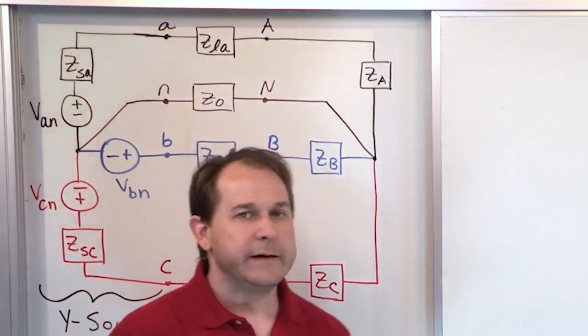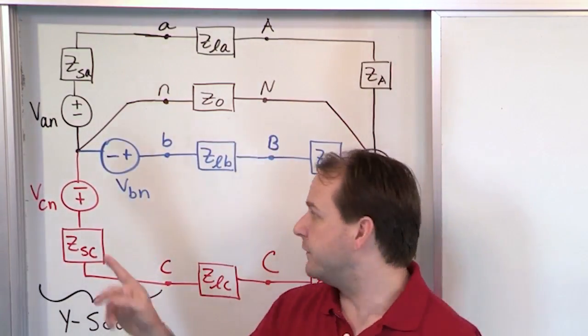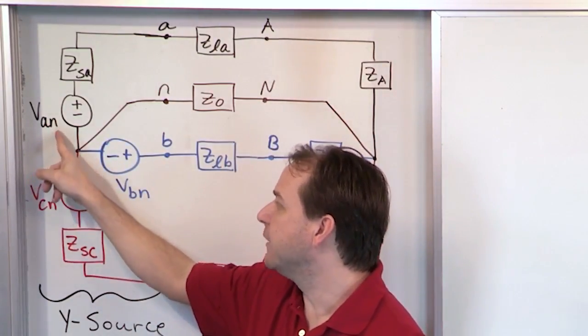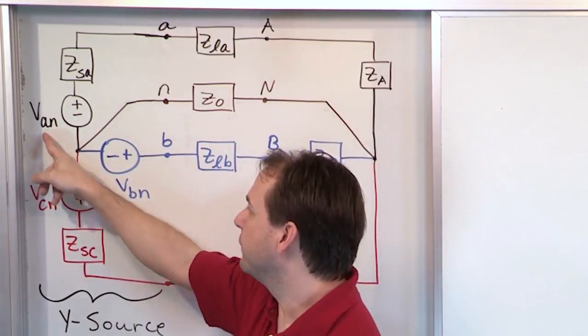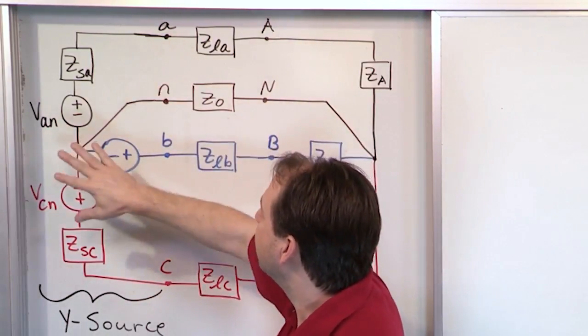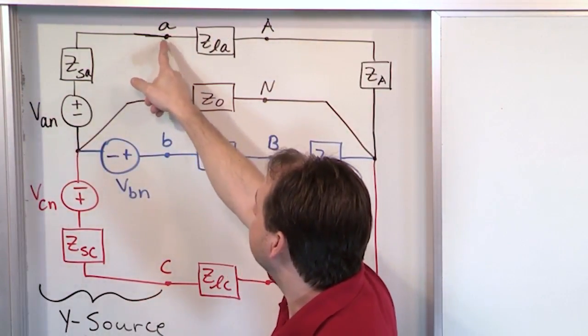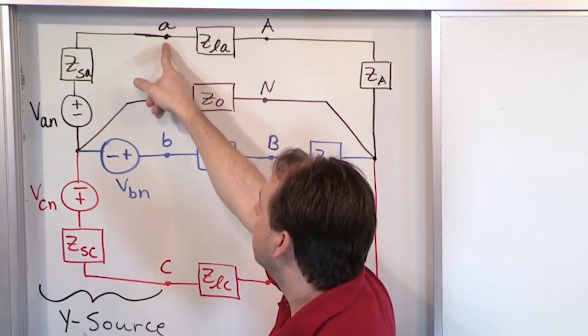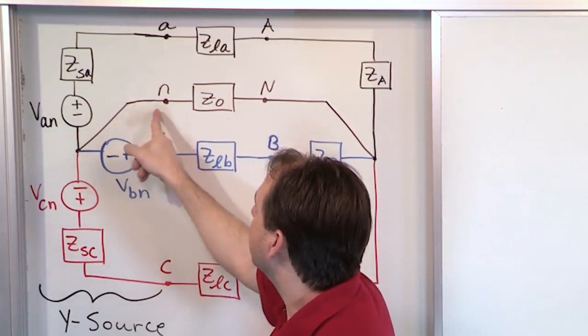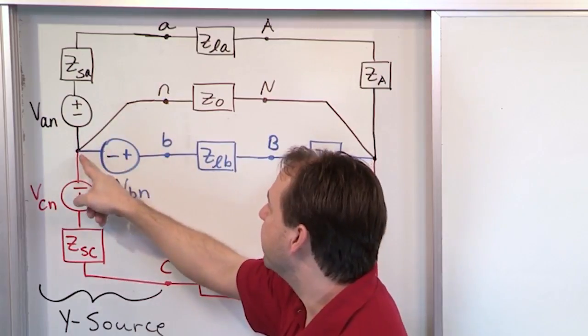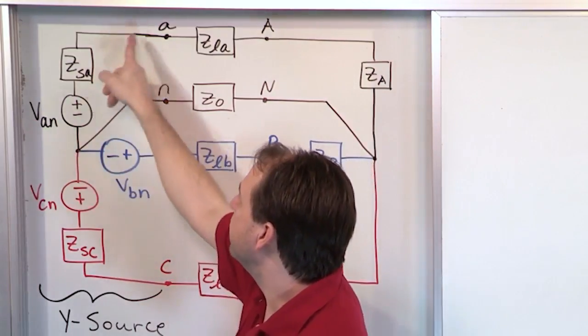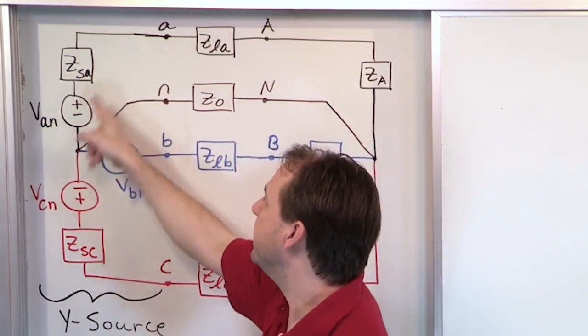So by writing down the voltage V lowercase a, lowercase n, that is the voltage on this side of the circuit associated with terminal A toward terminal N. Lowercase n is the neutral right here, tapped in the center. So it's just telling you it's on the source side and it's between A and N.